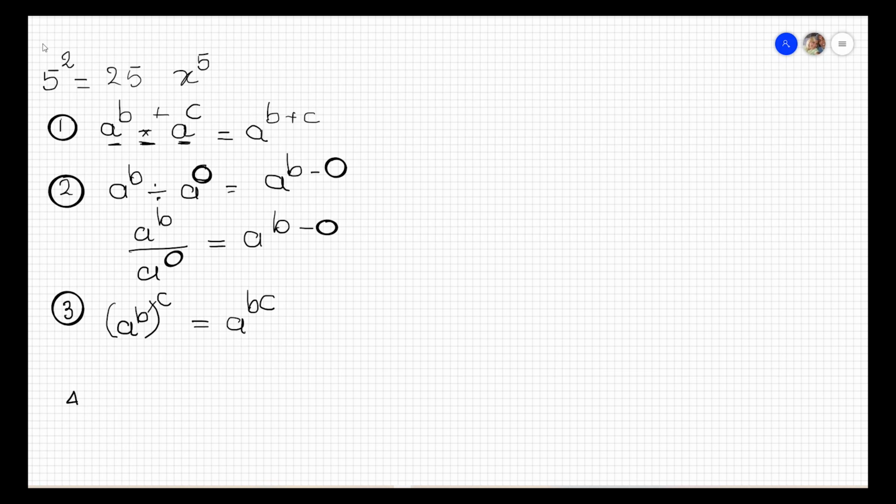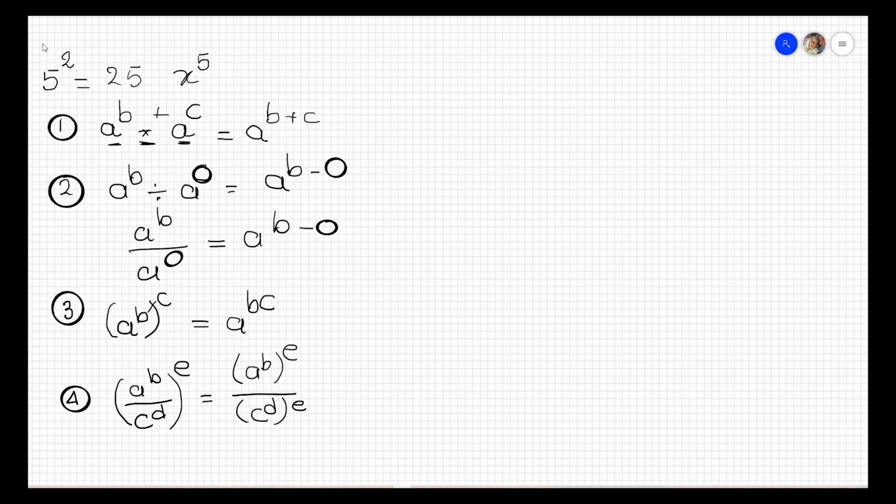Fourth property, and we could call it the property of distribution. If we have a to the power of b over c to the power of d, all raised to the power of e. In this case, if we make it in two simple steps, a to the power of b all to the power of e, and c to the power of d all to the power of e.